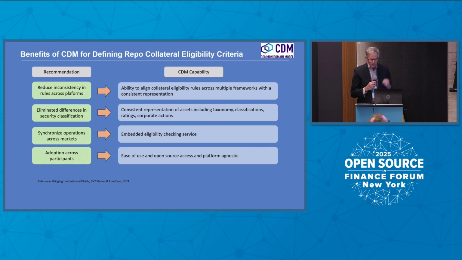So how does the CDM address these challenges? We think the CDM is able to really address them. One is that it reduces these inconsistencies using one common model and one common workflow that's embedded in the model. It eliminates the misclassification of securities. And, very important, the CDM is more than a model.